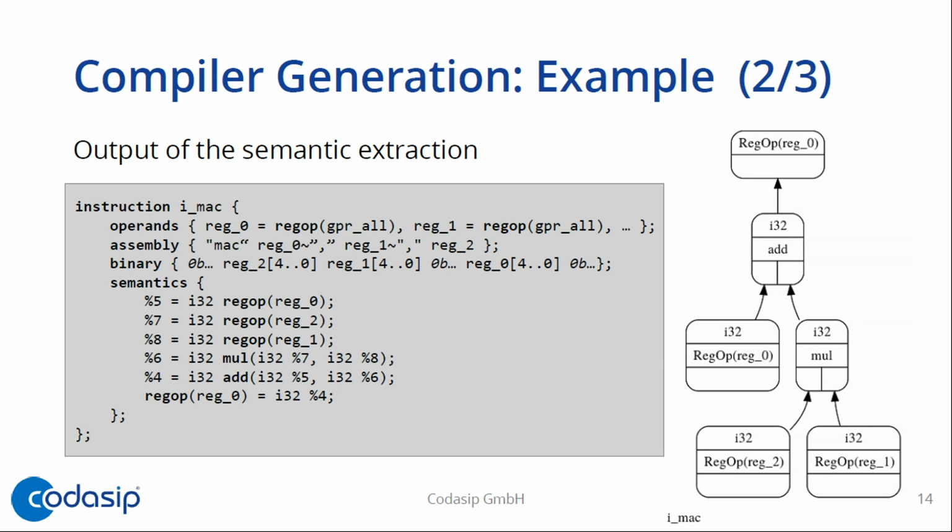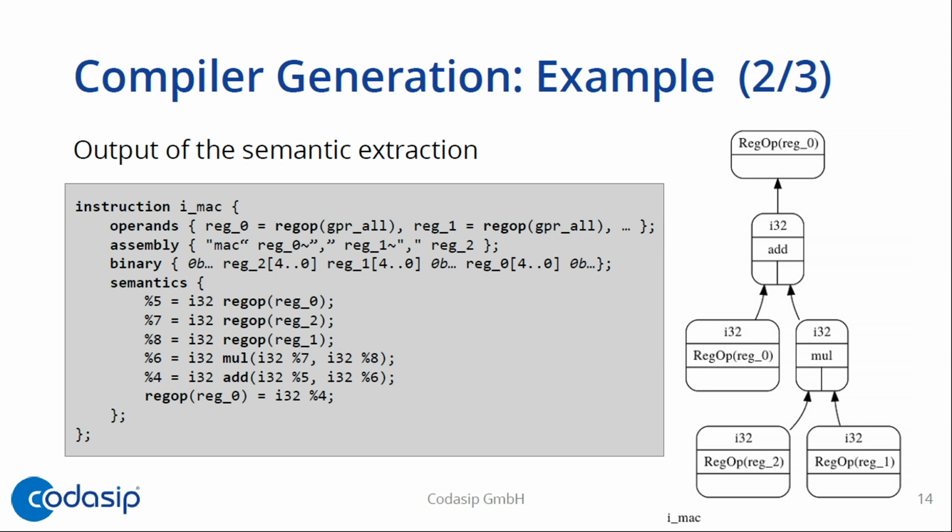So you can see that we have 3 register operands, 32-bit wide, reg 0 up to reg 2. And then there is a multiplication and addition. The multiplication uses 2 register operands and produces the intermediate result that goes to the addition, which uses the intermediate result and then another register operand. And then after that, the result goes to the destination register. So the point is that right now it's much more friendly to the LLVM compiler and to the backend generator.